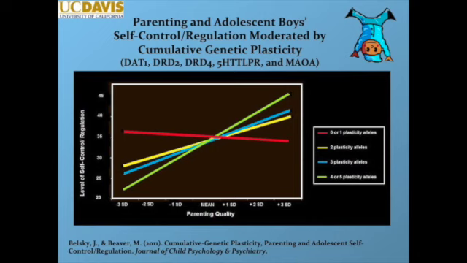I laid out a plan, he implemented it, and what do we see? We see from the gray line to the blue line to the yellow line to the red line a dose-response relationship. The more of these genetic variants that look like they foster plasticity or malleability or sensitivity to the environment that you carry, the more you're affected, for better and for worse.